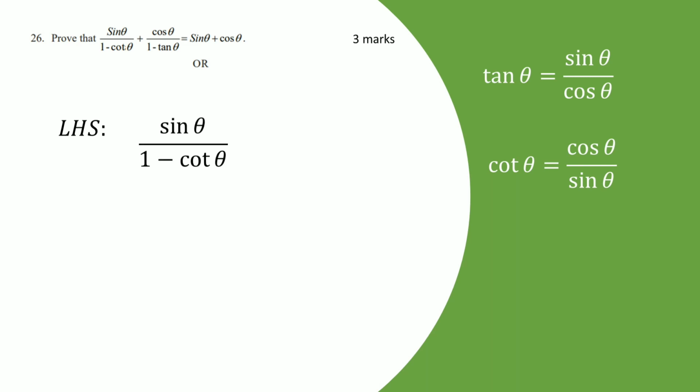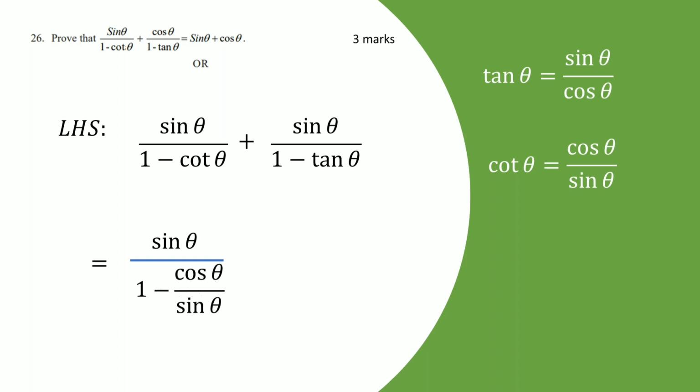What is LHS? Sin theta by 1 minus cot theta plus cos theta by 1 minus tan theta. You have to change cot theta into cos theta by sin theta, and tan theta into sin theta over cos theta.